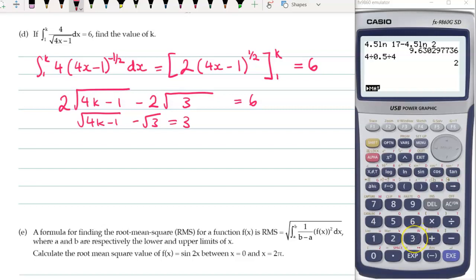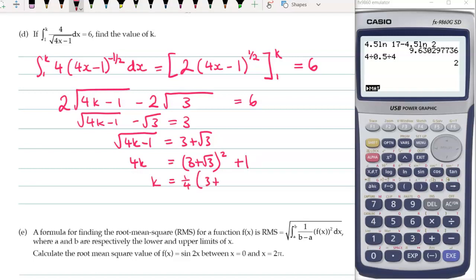Let's just have a look at the question. We don't need exact values, but let's carry on with this anyway. So we've got 3 plus root 3. So 4k minus 1 will be (3 plus root 3) all squared. Then that minus 1 becomes a plus 1. And k will be equal to a quarter of all of that.